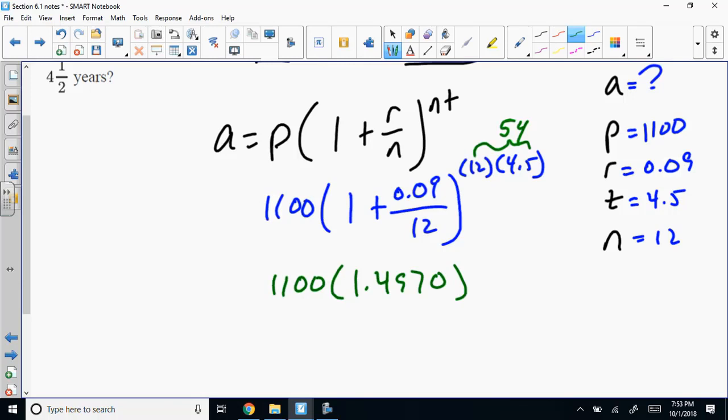Now times 1100, and that should get us all at the right number, 1646.74, right? Now, if you do it some other way, if you start rounding off or anything like that, you're going to introduce error. And you start doing it with exponentials, and error can be dramatically affected or compounded. Okay, so $1,646.74 for 4.5 years.